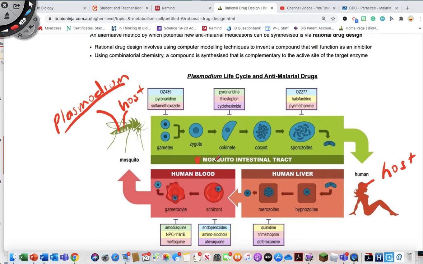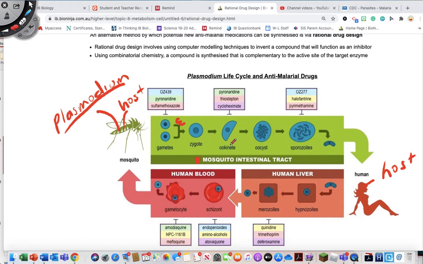Well, a couple of things happen inside the mosquito's intestinal tract. The Plasmodium is going to lay its eggs or gametes. These eggs are going to develop into a zygote. Not an enzymatic reaction, but the fusion of these gametes that leads to a zygote is enzymatically led.